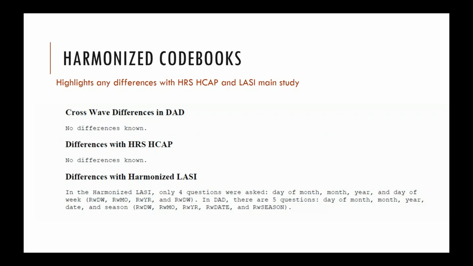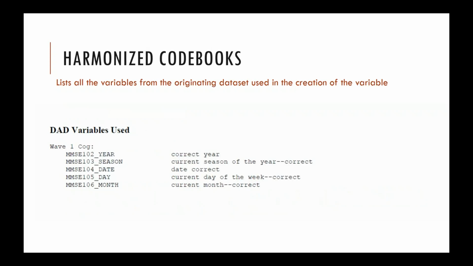So here we list out the difference with HRS HCAP. We also list out the difference with the harmonized LASI, the main study. We list out all the variables from the raw data used in the creation of the variable. If users want to create their own summary measure, they can refer to this list.